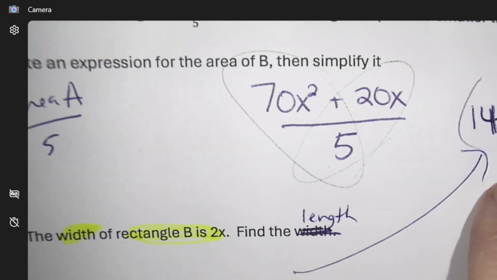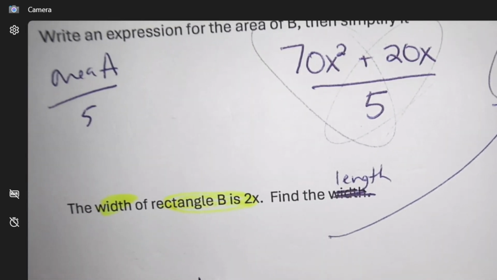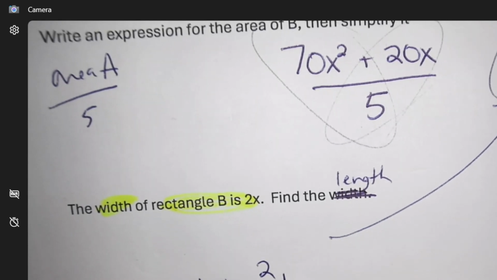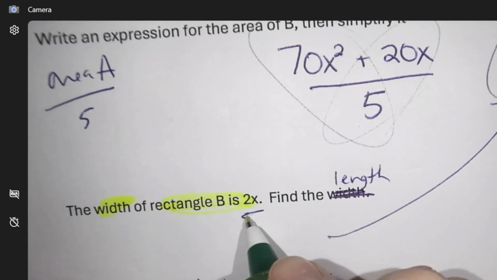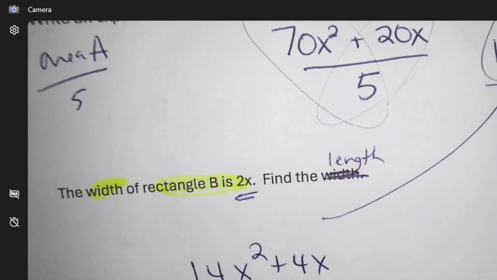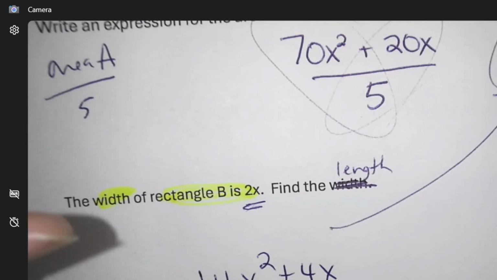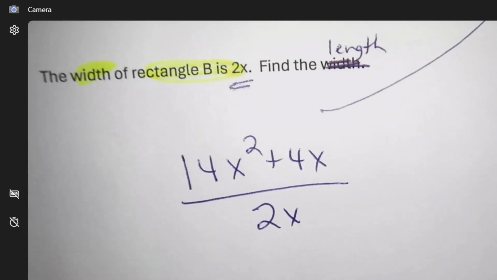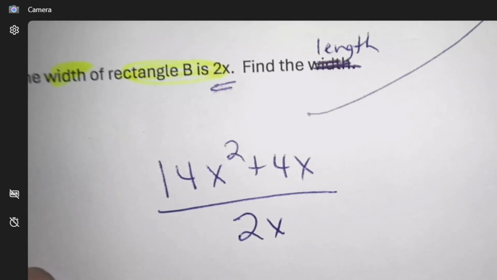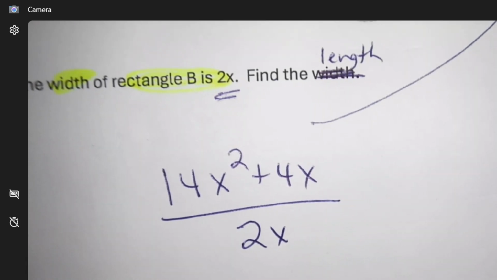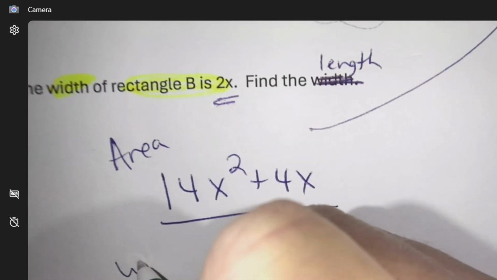Okay, so we had the area of B. This was the area of B. So divide by 2x. Yeah. Divide by 2x. So there is my setup, and I would like you to also simplify it. This is area. This is the width.